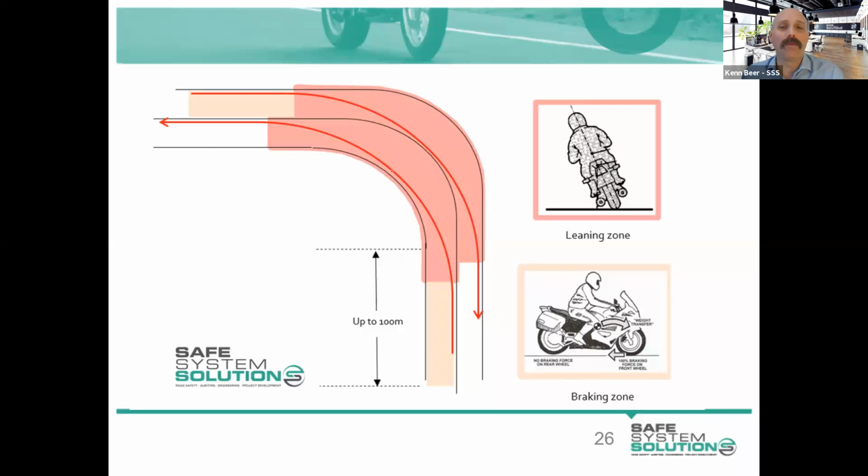The most important spots for good surface conditions are on the approach to a curve, where the rider is braking, slowing down, through the curve, and once they're out on a straight bit, they're less at risk. But we still want to try to provide good surfaces.